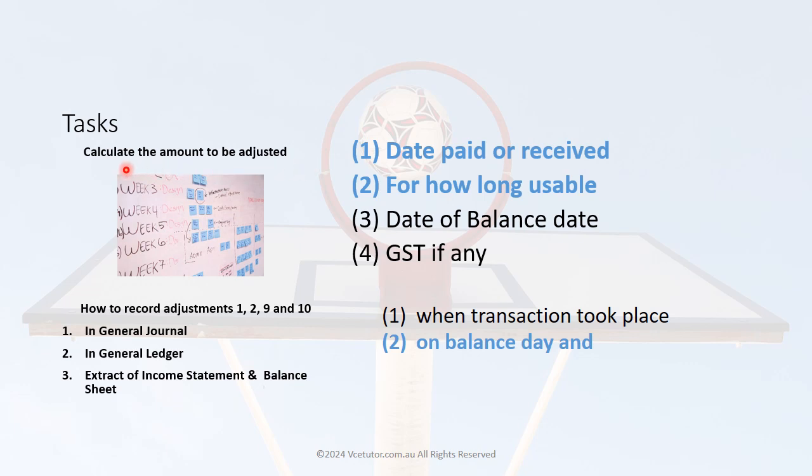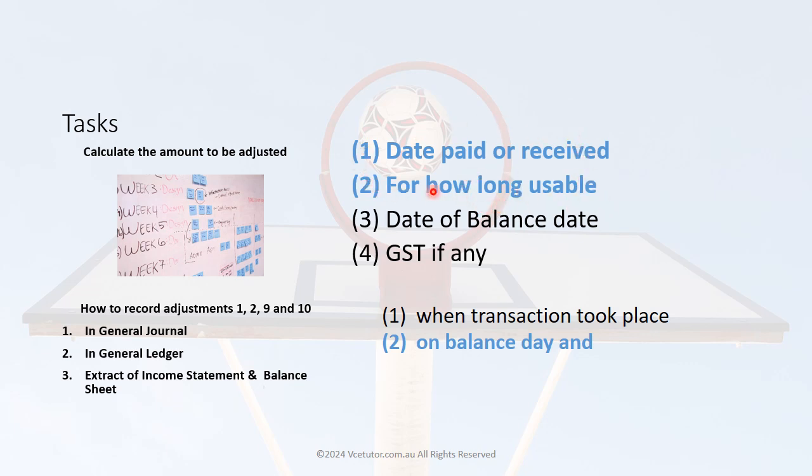For this, you have to know the date on which the amount has been paid or received, and for what duration, for how long that money paid or received is usable. These two I have got in different color so that you understand that these two variables you are going to make use of in order to calculate the amount.